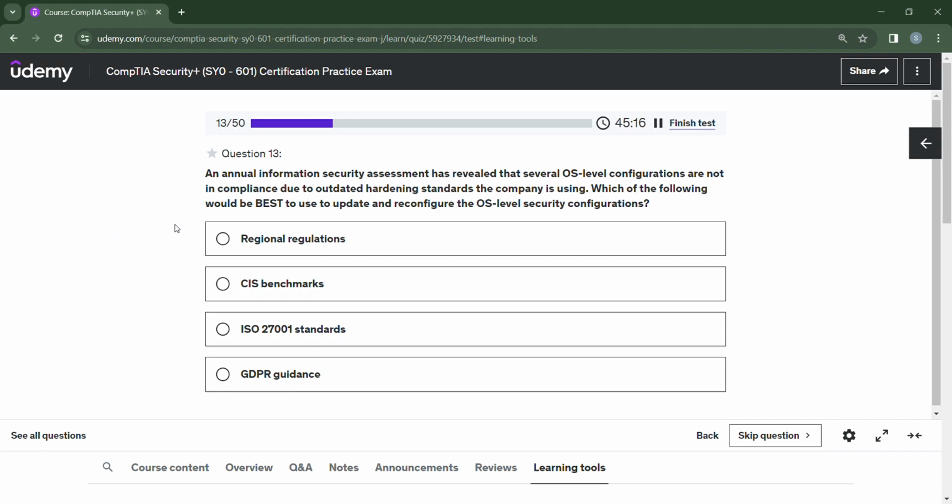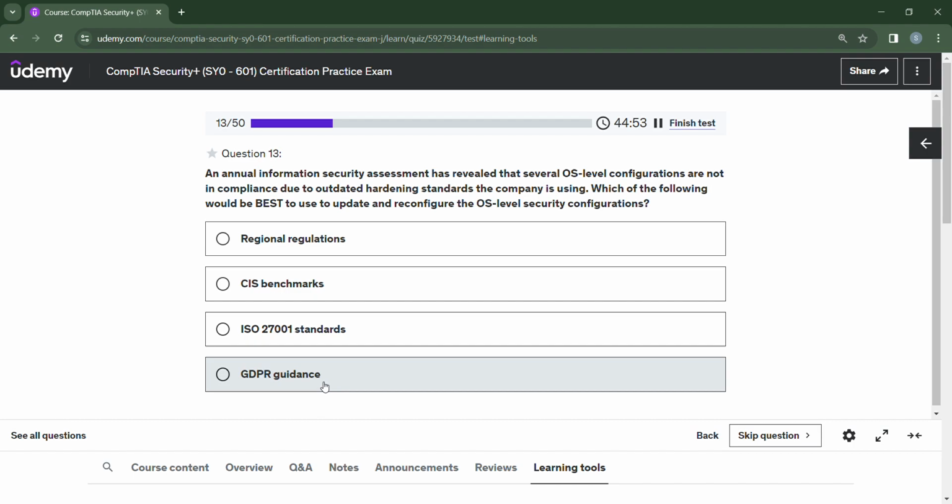An annual information security assessment has revealed that several OS level configurations are not in compliance due to outdated hardening standards the company is using. Which of the following would be best to use to update and reconfigure OS level security configurations? I'm not actually sure on this.